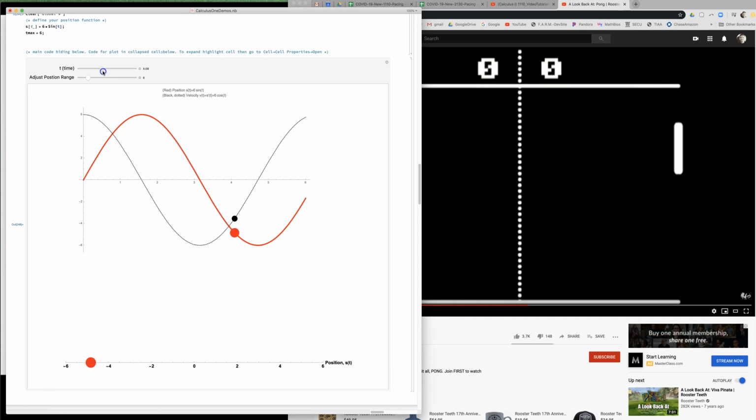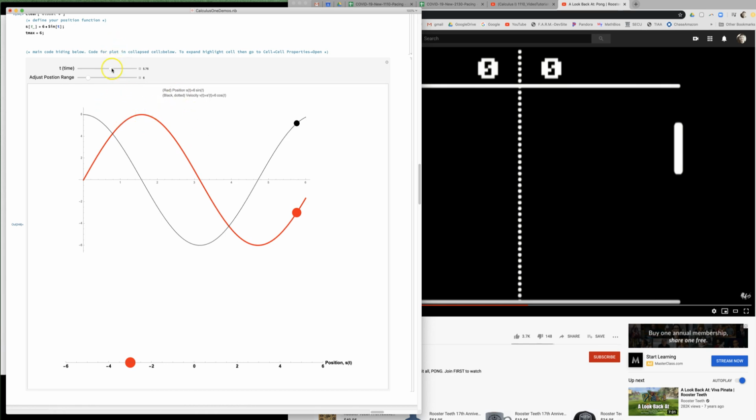Now at some point the object will stop again. You can see the object getting slower and slower until the object stops here at its farthest position to the left, and then when the derivative becomes positive again, the object is now traveling back to the right. So here we have just a reinterpretation of the function and the derivative.